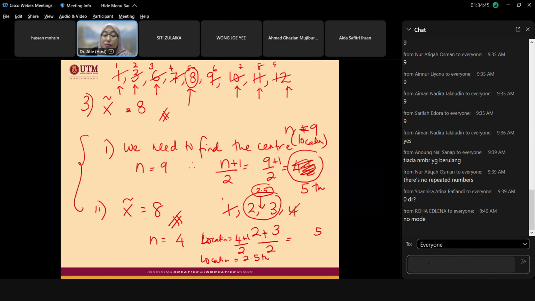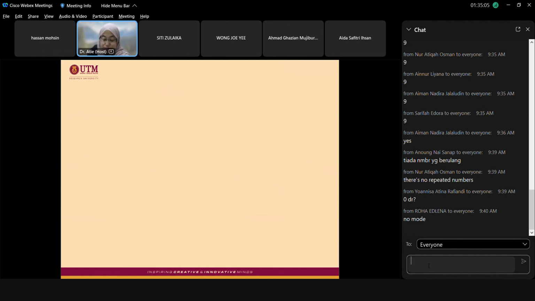This is the first one, second one, third, and 4. The location of our median is between these two numbers, 2 and 3, so again we need to find the average between them. This is an example of how we can calculate the median.